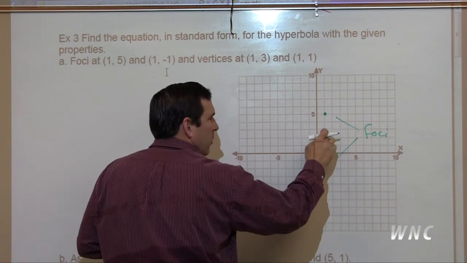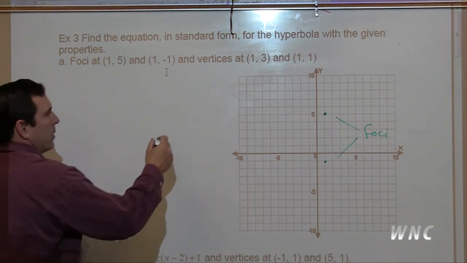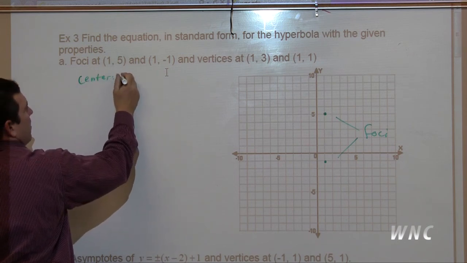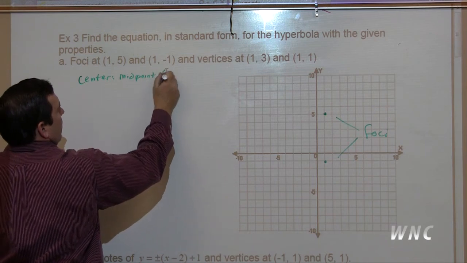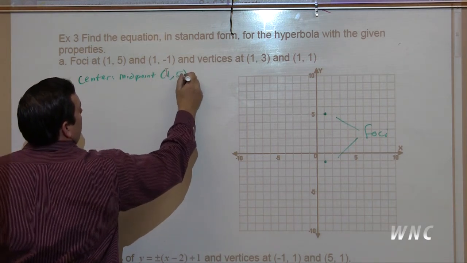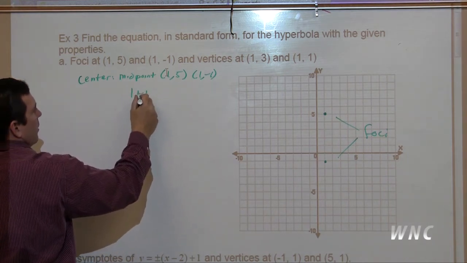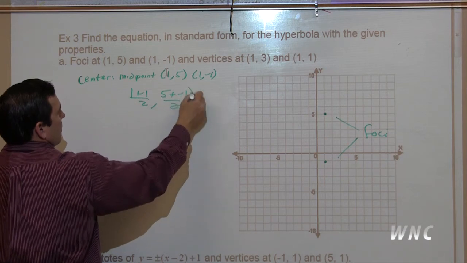That means midway between that is going to be our center. So the center is the midpoint for 1, 5 and 1, negative 1. It's going to be 1 plus 1 over 2, comma, 5 plus negative 1 over 2.